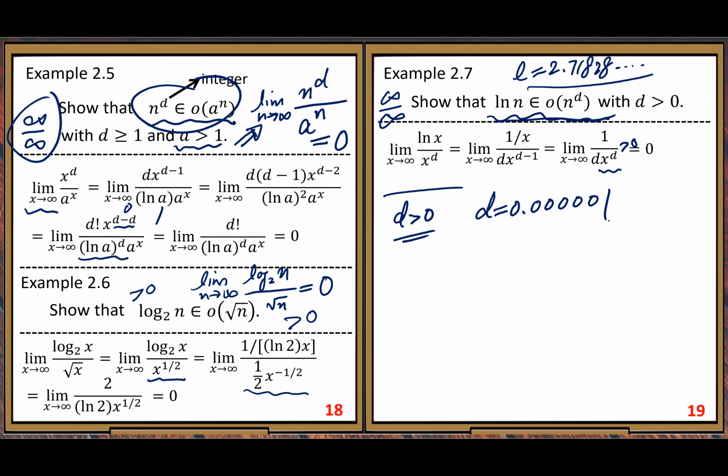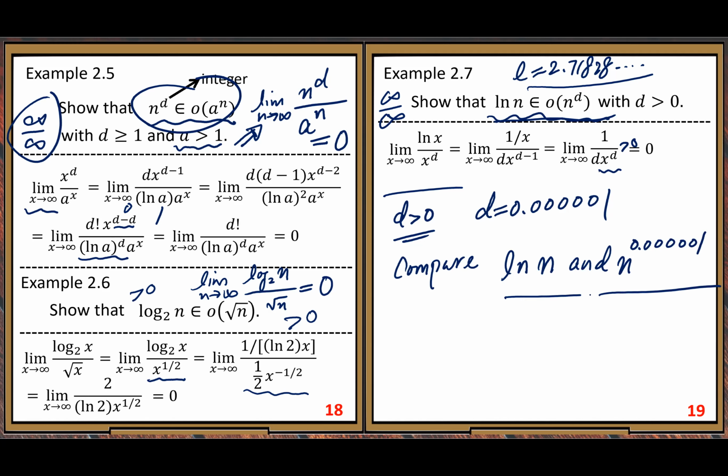Now I ask you to compare natural log of n and n to the 0.000001. Which one grows faster eventually?